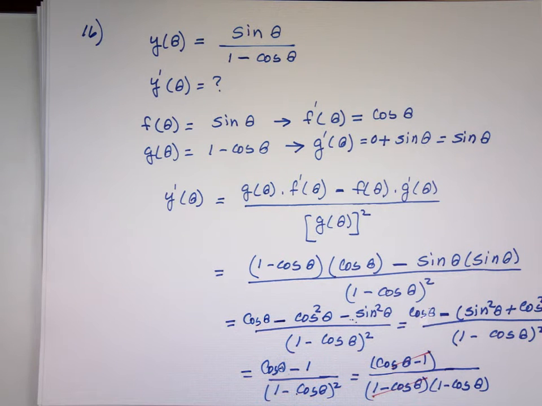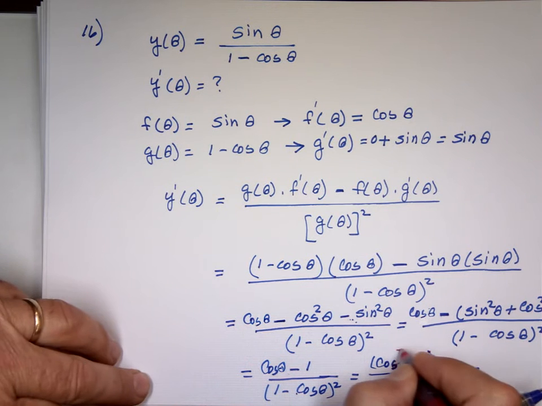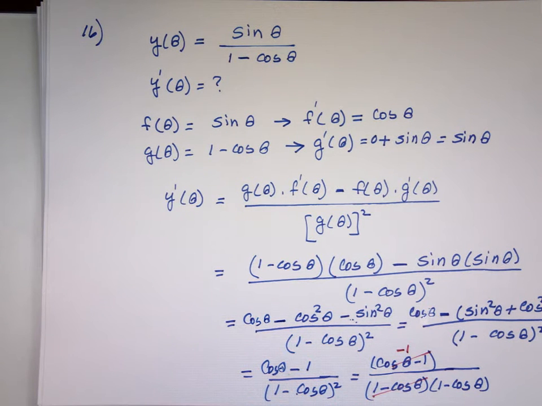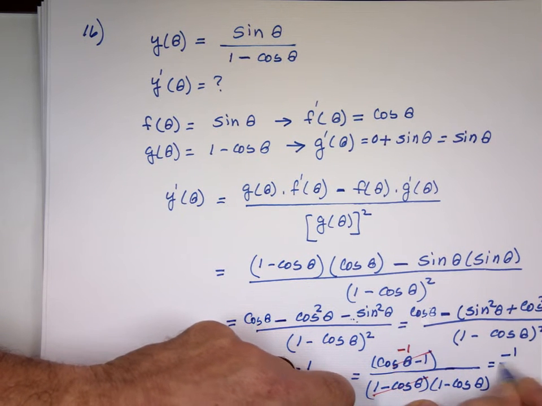What do you think? No. You have it half right, half wrong. You have to pull out a minus sign because they're backward. So you end up with minus 1 over 1 minus cosine theta.